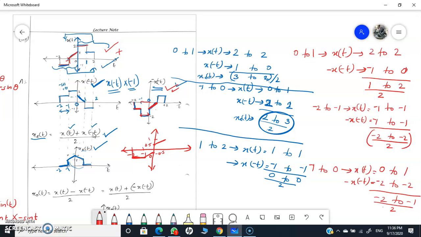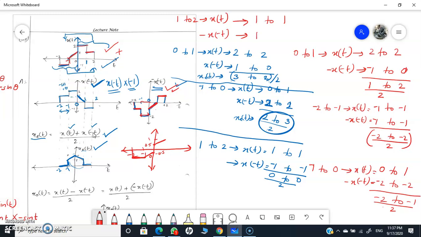Now consider the next interval, from 1 to 2. From 1 to 2, x of t is maintaining a constant amplitude from 1 to 1. What happens to minus of x of minus t? It is also varying from 1 to 1.